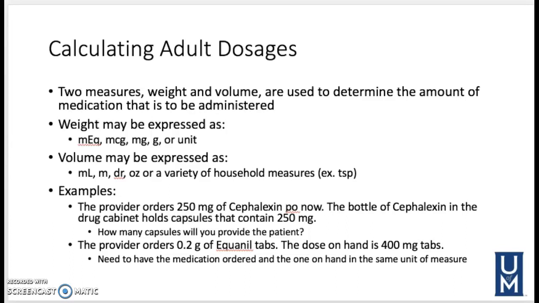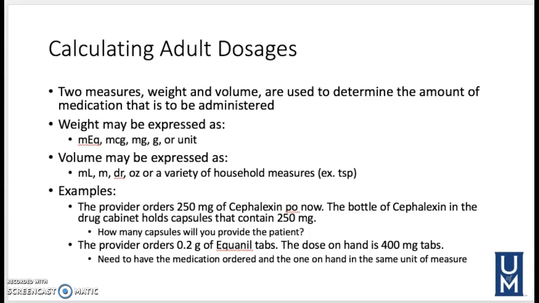All right, so let's talk through an example of all these different learning points that we just went through. So here's our provider. He gave us an order for 250 milligrams of cephalexin, PO or by mouth, now. Okay, so that's our medication order by the provider.